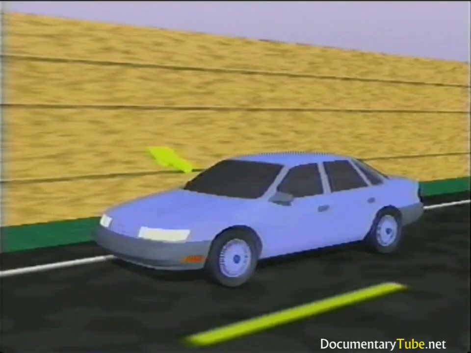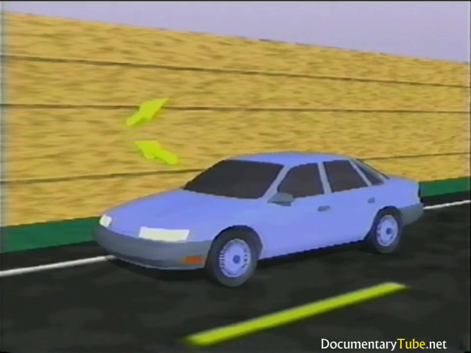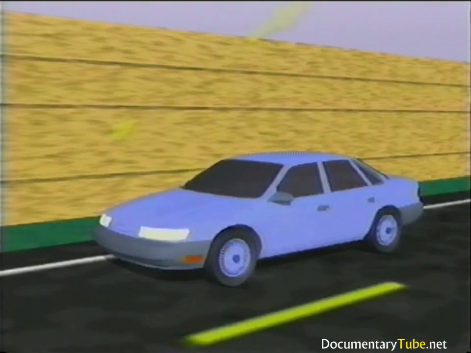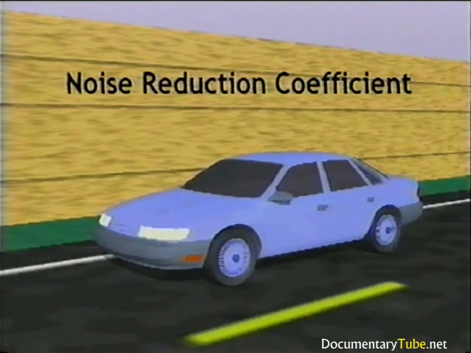The remaining noise is either absorbed by the noise barrier material or reflected. The ability of a barrier surface to absorb incident sound energy is characterized by its noise reduction coefficient, abbreviated NRC.